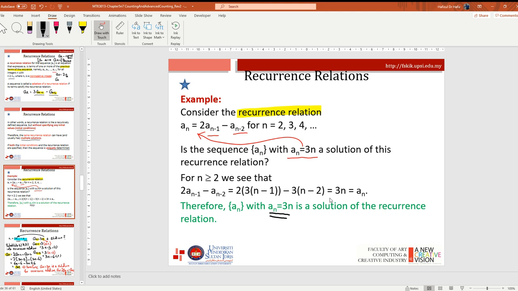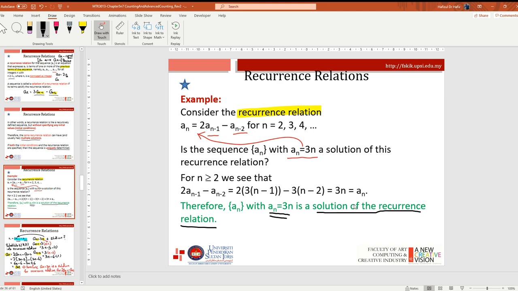So we have the solution is 3n. 3n is equivalent to a_n. Therefore, it is a solution of the recurrence relation. Kalau dia sama, maksudnya dia akan ada solution.